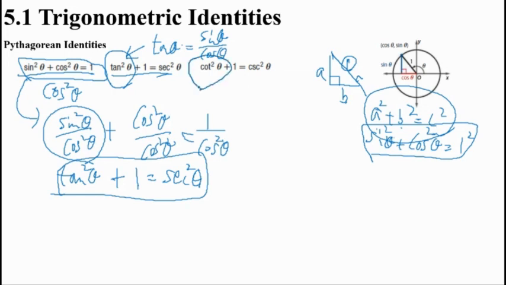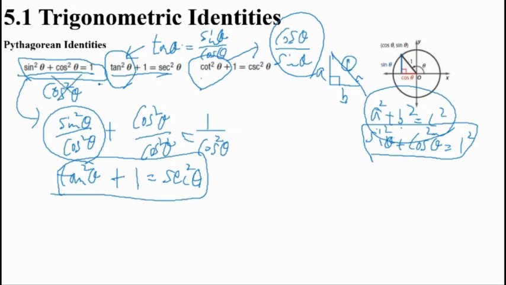How about this one? Think about it this way. How can you make a cotangent? Cotangent means cosine theta over sine theta, right? So this time we divide everything by sine theta squared, not cosine.